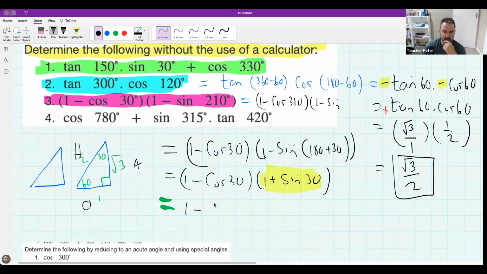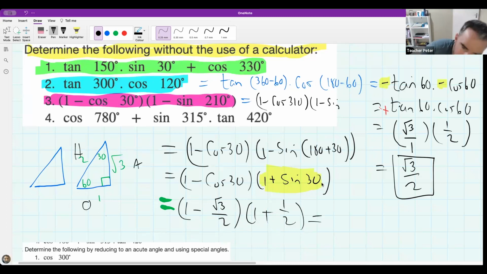So 1 minus the cos of 30 is 1 minus root 3 over 2, times 1 plus the sine of 30, which is 1 over 2, 1 over h. And then if I multiply that out, I would get 1 plus a half minus root 3 over 2 minus root 3 over 4.